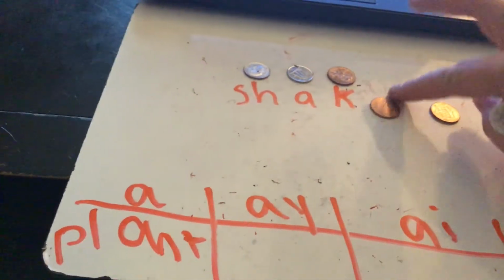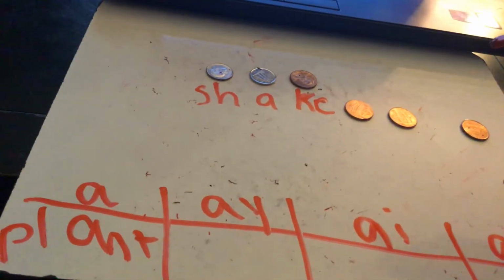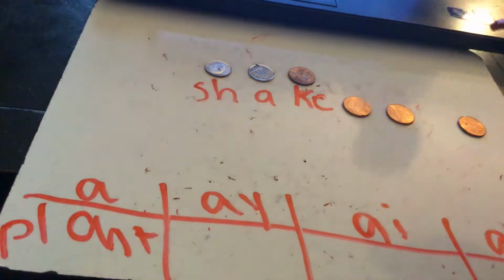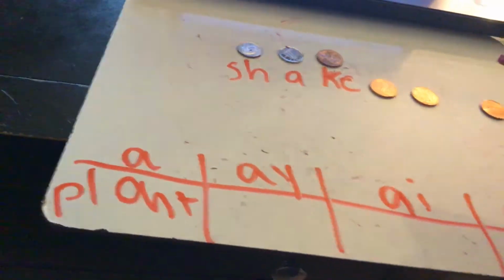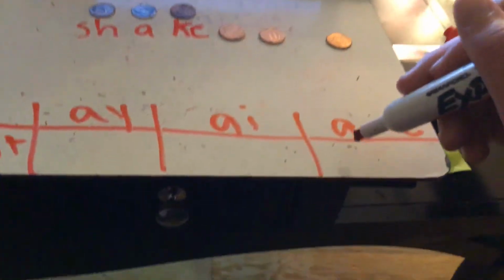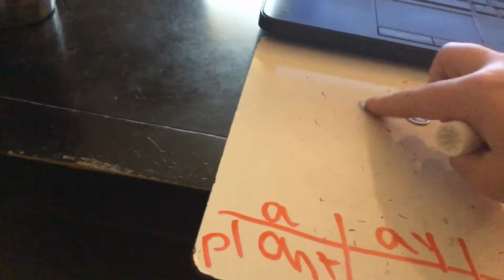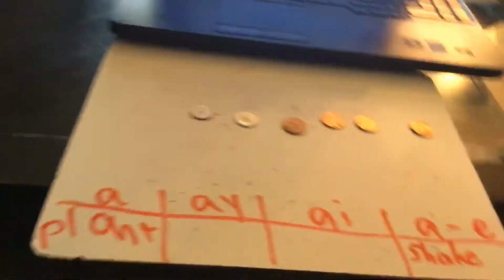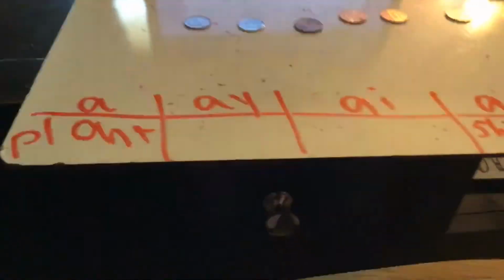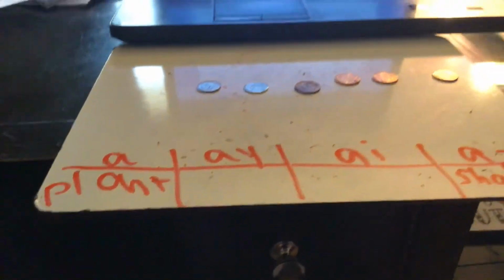So you have to put an E at the end because it's a silent E. Now if it was AI, you wouldn't really see a K with it. Normally if it has a K, it's going to be A consonant E. So then they can put that down here. Again, this is all just if you want help with spelling. If your student is doing great with spelling, don't worry. This is just extra help, okay?